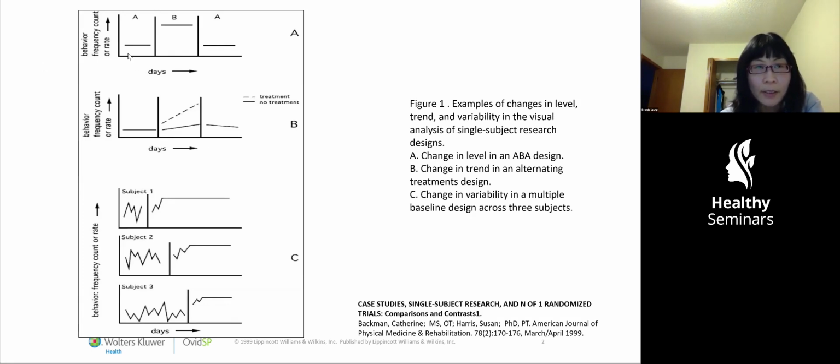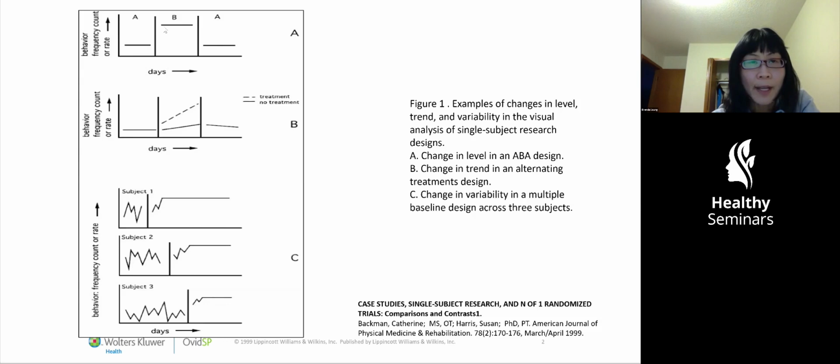So you can see here what we call an ABA design. During phase A, no treatment is given. So this is the target behavior we are measuring over a series of days. And so let's say this may be energy. So without treatment, this individual's energy is low.